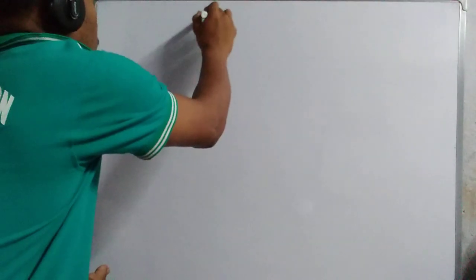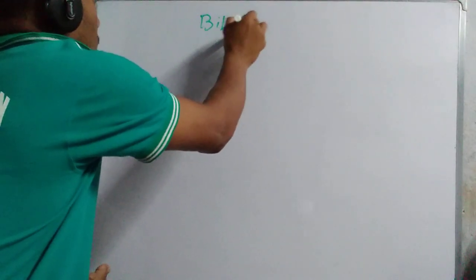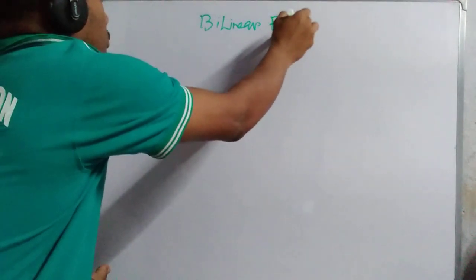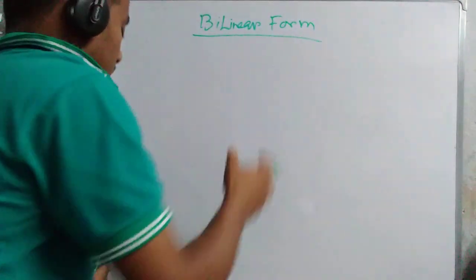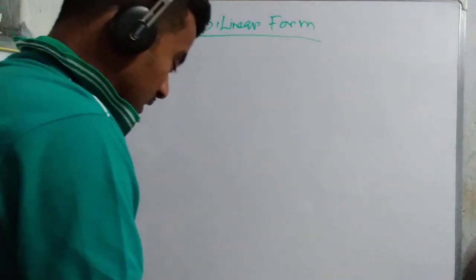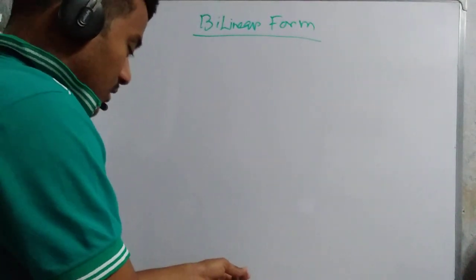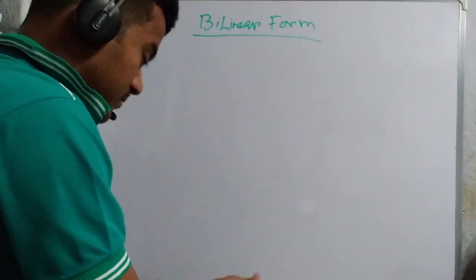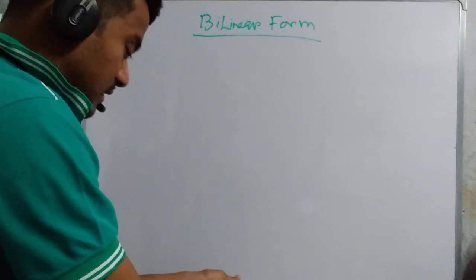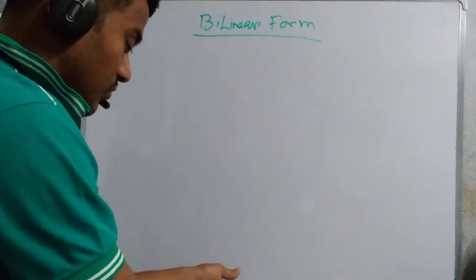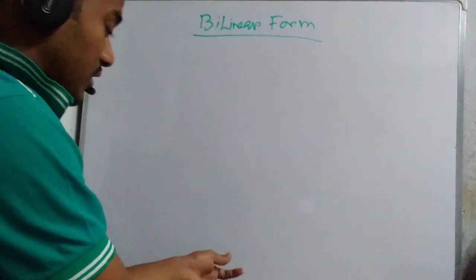Today we discuss one important topic related to inner product space, related to bilinear form. We also know the definition of bilinear form and related theorems, examples, and some basic definitions of the sum operation and scalar product operation.